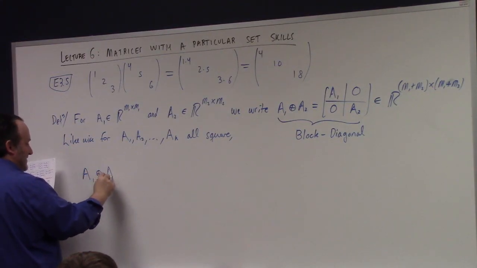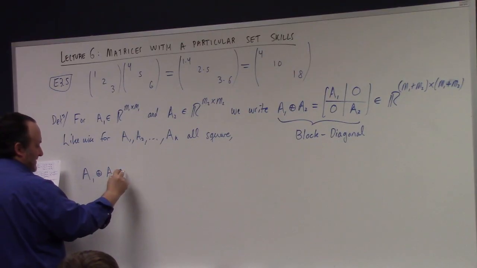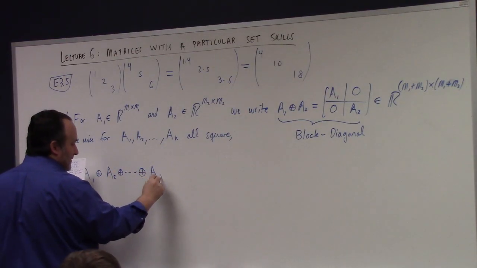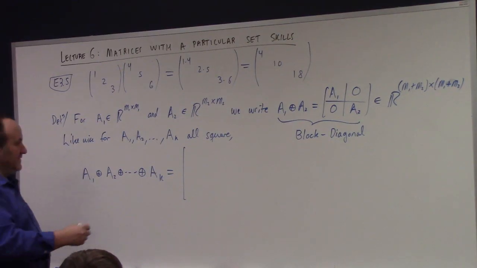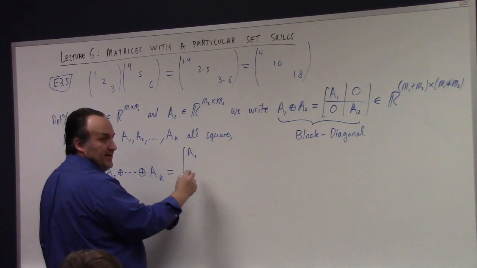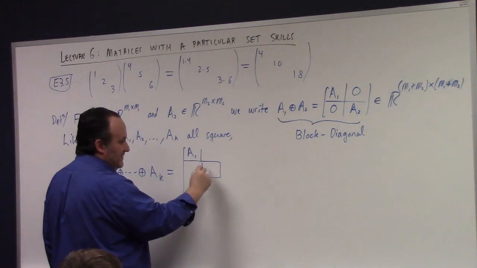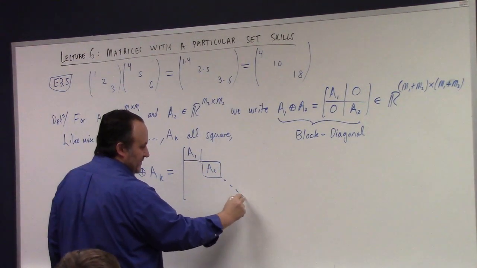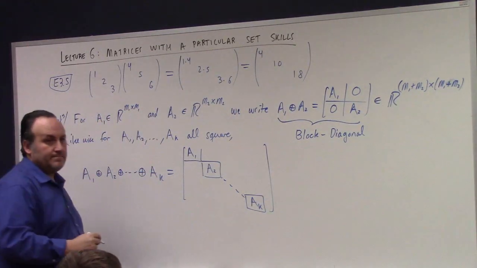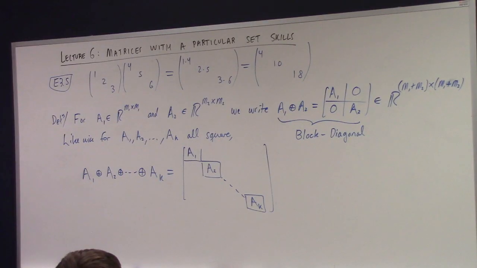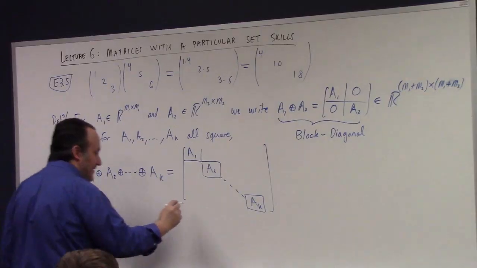Without burying you in a list of indices like matrix sizes, I think we can just write out the pattern, right? There's an A1 in the upper block, then an A2 here, and so forth, until finally you get to A sub k down there. It's again a square matrix where only the diagonal blocks are non-zero, and all the off-diagonal blocks are 0. This is, again, a block diagonal matrix.